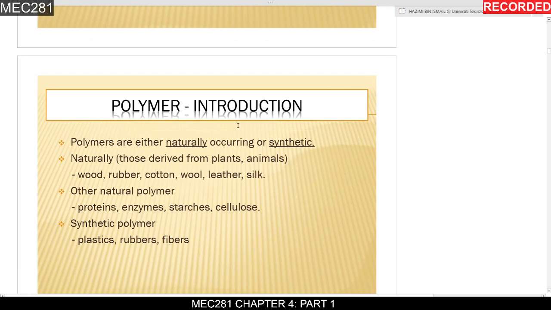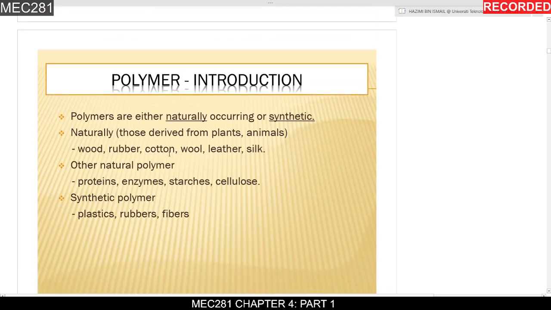Okay, let's go to the introduction of polymers. Polymers can be found naturally, and also can be synthesized, or synthetic. You can produce them in the lab or in the manufacturing process, so that's what we call synthetic.